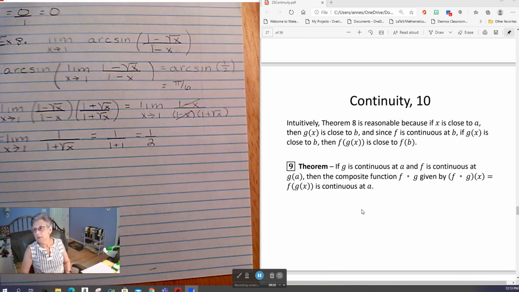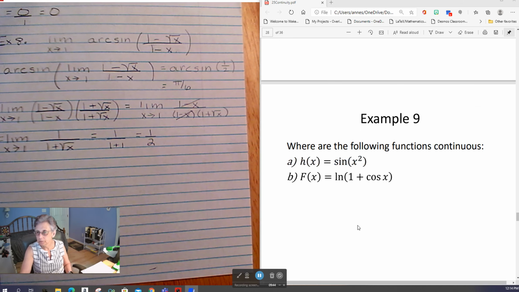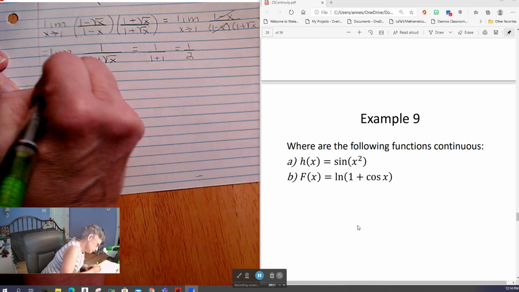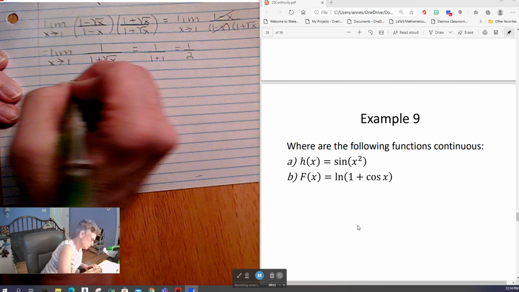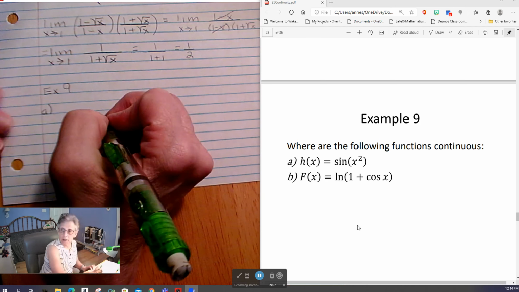So, another theorem: if g is continuous at a and f is continuous at g of a, then the composite function is continuous at a. Reasonable. So where are the following functions continuous? This is example 9, part a.